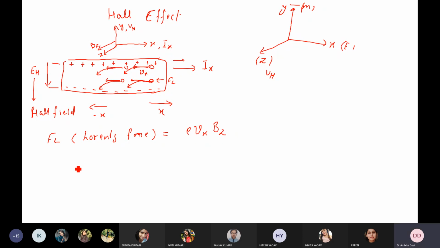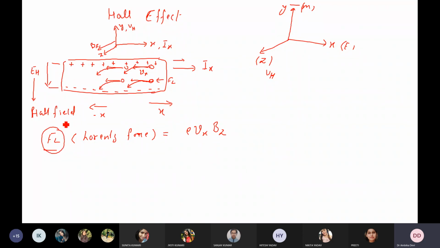The field created by the surface charges produces a force which opposes this Lorentz force. Okay, so this Lorentz force is the external force, right? This is the combination of the electric plus magnetic field. So this is the external force, right?